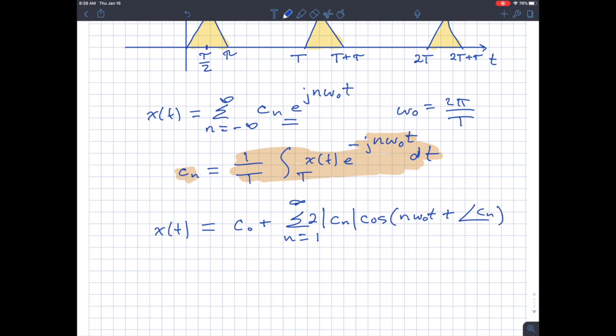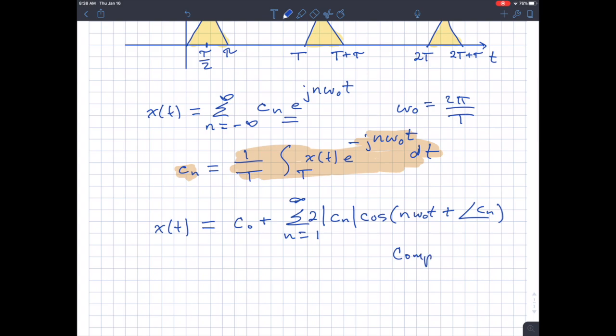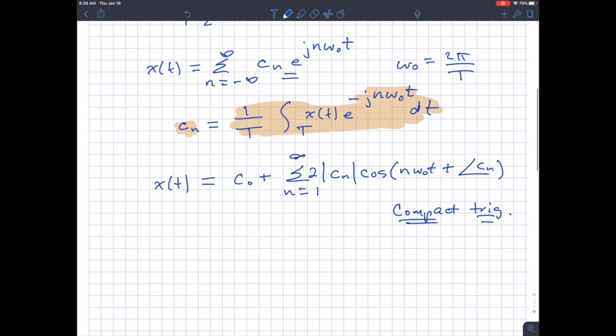So this is compact trig form. Everything is real. It's a little bit easier to do plots using Matlab with the compact trig form.